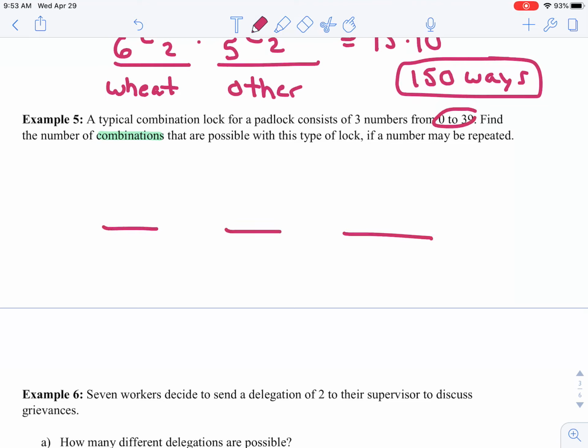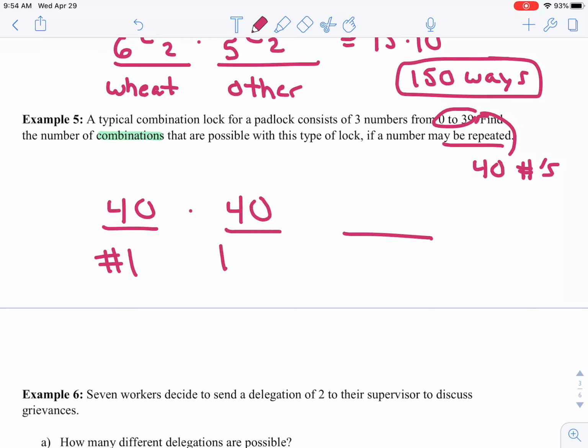Really, this is going to go to that slot method. You have 3 numbers for your password. If we go from 0 to 39, that is 40 numbers. I can repeat them, so really I just have 40 for the first spot, 40 more for slot 2, and 40 more for slot 3.